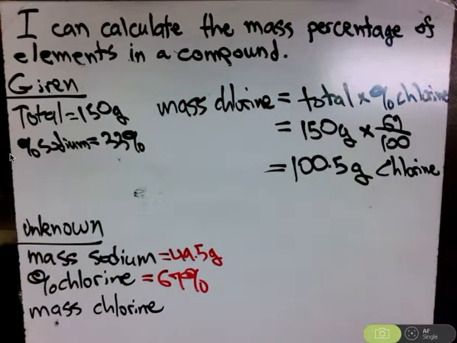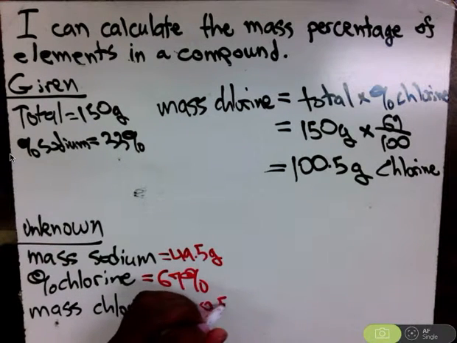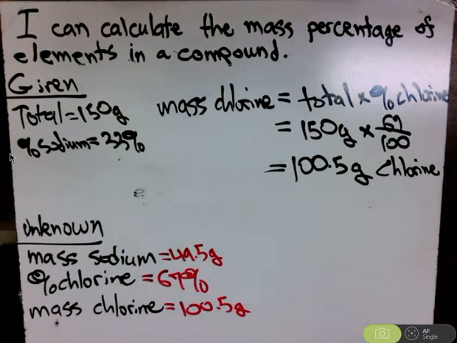And that is my final unknown, 100.5 grams of chlorine. So now I found the mass of sodium, I found the percentage of chlorine, and I found the mass of chlorine.